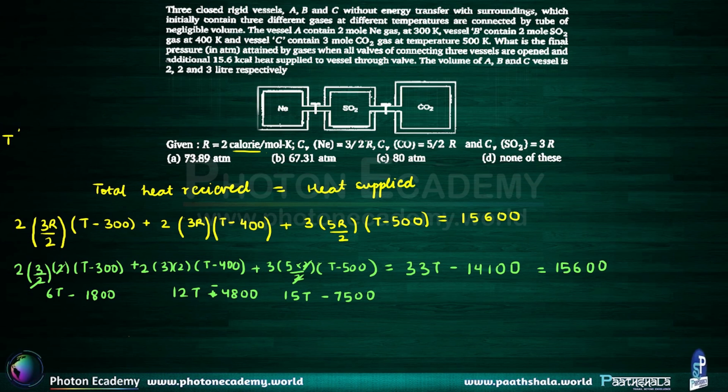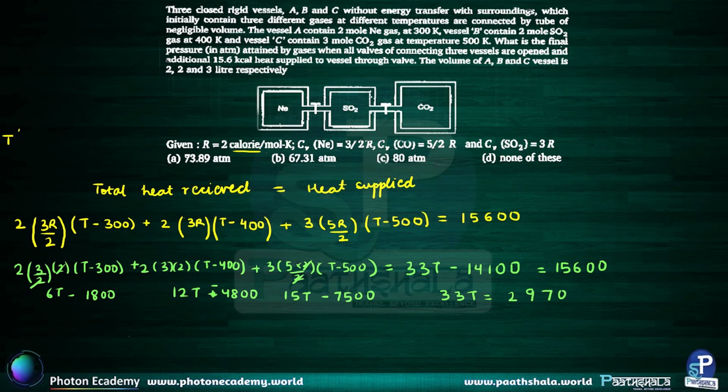So 33T will be equal to 14100 plus 15600, that is 29700. And this divided by 33 will give us the final temperature, which comes out to be 900 Kelvin, right?